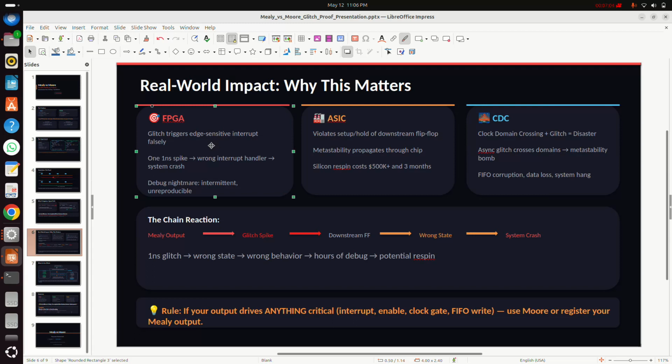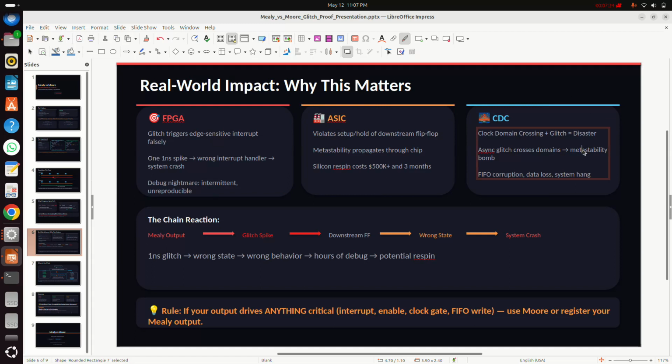All this happens because the Mealy machine depends on current input, and with asynchronous inputs that we toggle asynchronously, it can be difficult to debug. On the ASIC side, it can violate setup or hold of a downstream flip-flop. Metastability propagates through the chip and a silicon respin costs $500K plus and 3 months.